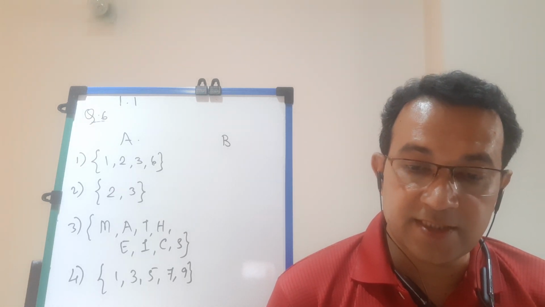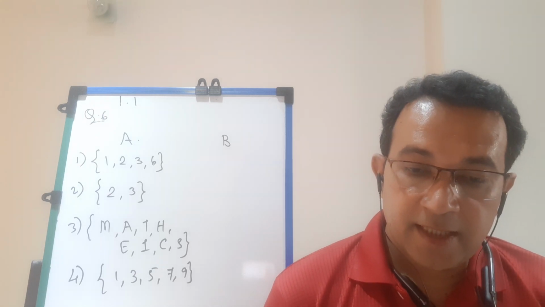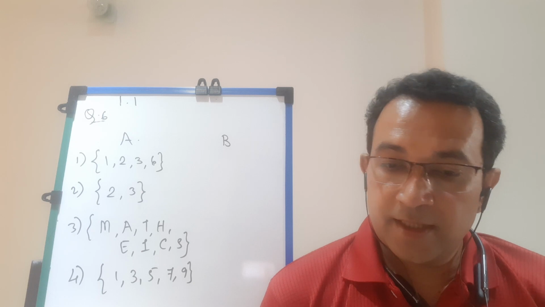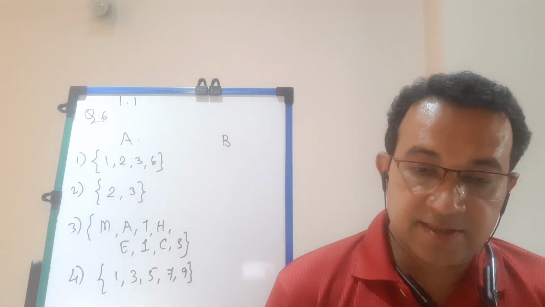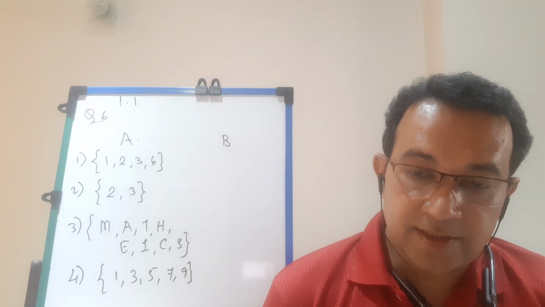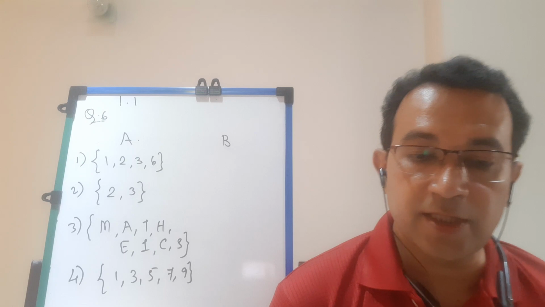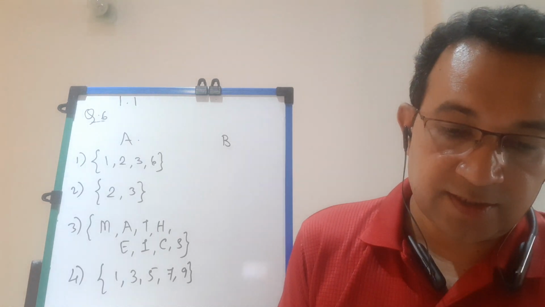So the correct option is the set of X such that X is a natural number and divisor of 6. Clear students? So the correct option for this is C.